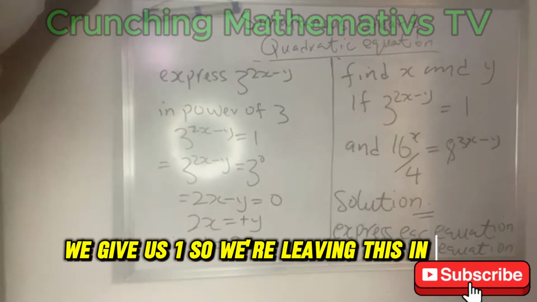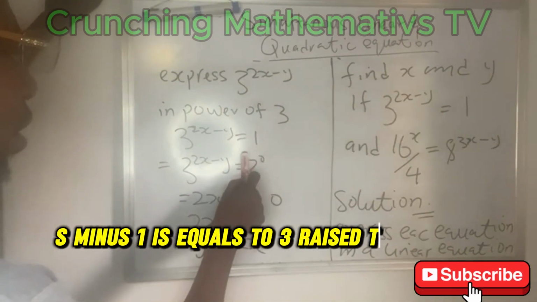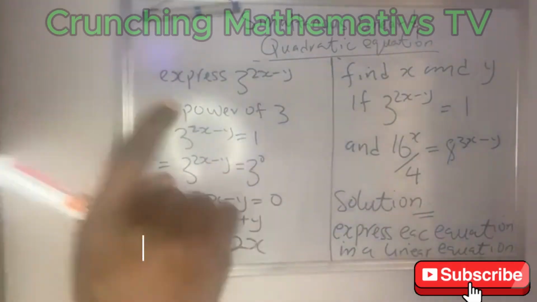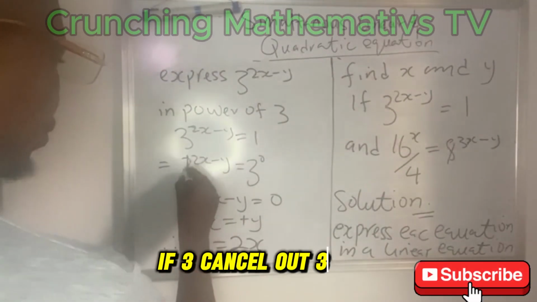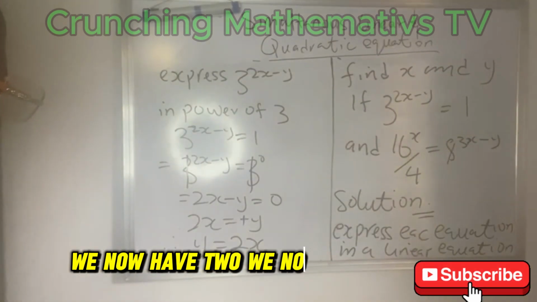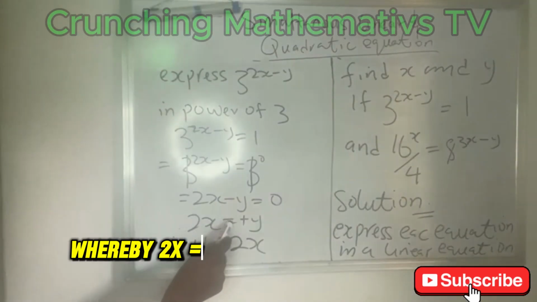So we have 3 raised to power 2x minus y is equal to 3 raised to power 0, and 3 raised to power 0 is equal to 1. Thereby, if 3 cancels out 3 here, we now have 2x minus y is equal to 0, whereby 2x equals y.